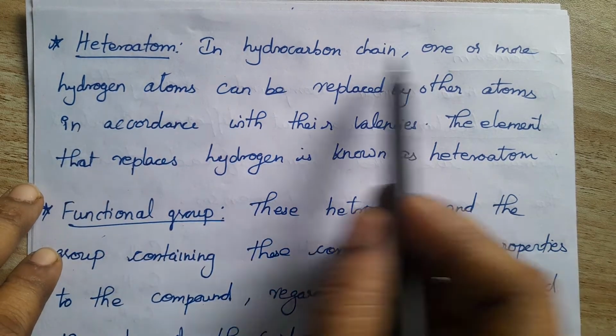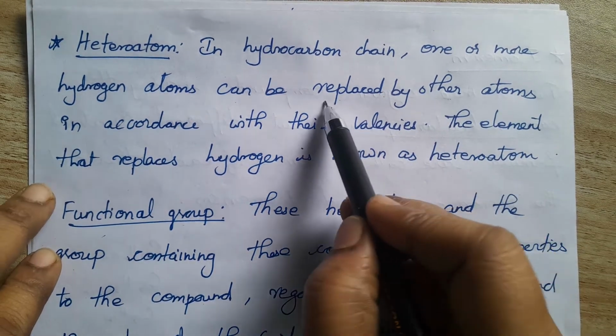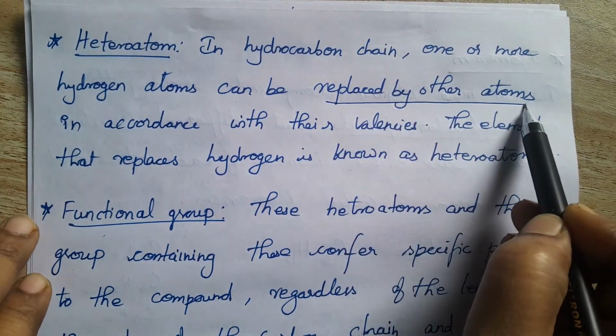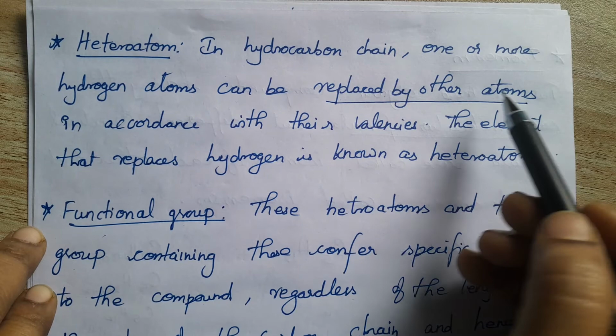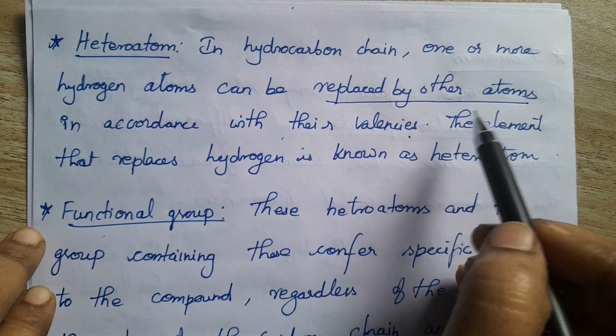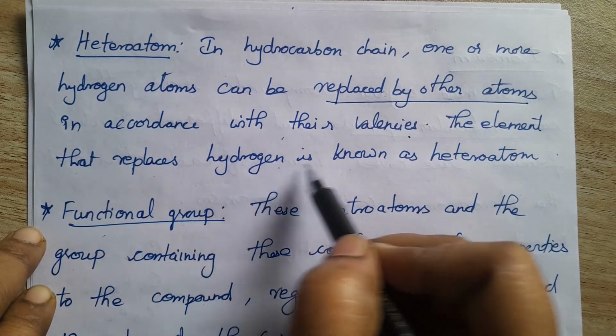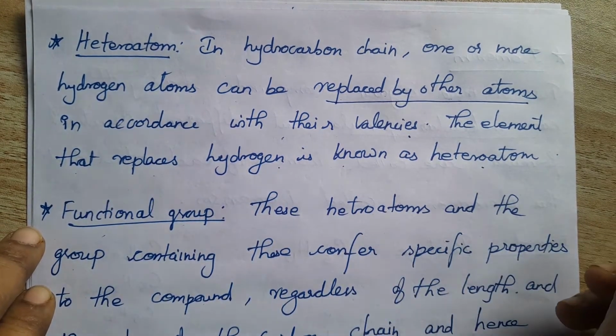One or more hydrogen atoms can be replaced by other atoms, not hydrogen, in accordance with their valency, to satisfy the valency. The elements that replace hydrogen are known as heteroatoms.